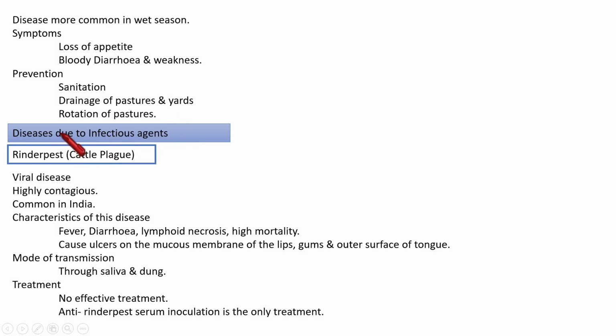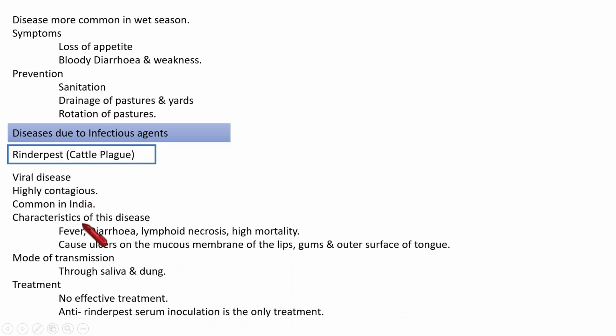Next, we are going to see the diseases due to infectious agents. Which are those agents? One by one, let's see. Rinderpest, or cattle plague. It is otherwise called cattle plague. It is a viral disease, virus mediated, highly contagious. It is common in India.